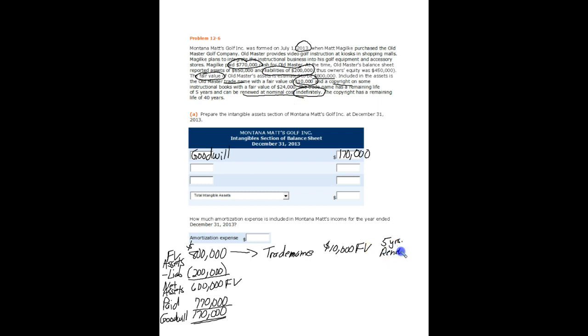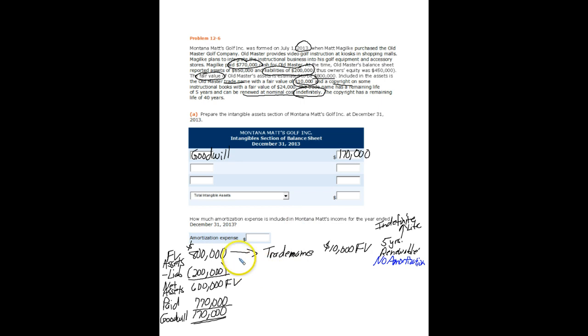So in essence, that trade name has an indefinite life. They're going to be able to use that trade name indefinitely. Because of that, we won't amortize it. So no amortization, because it's kind of like land. Theoretically it will exist forever. We know realistically it won't exist forever, but in business terms, it's indefinite.